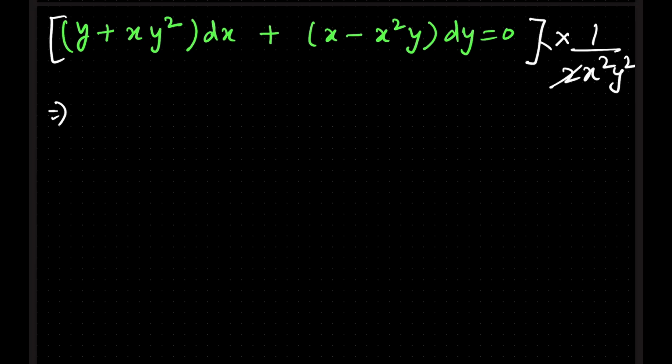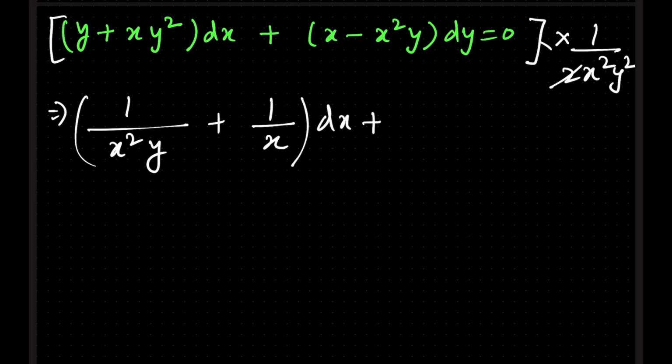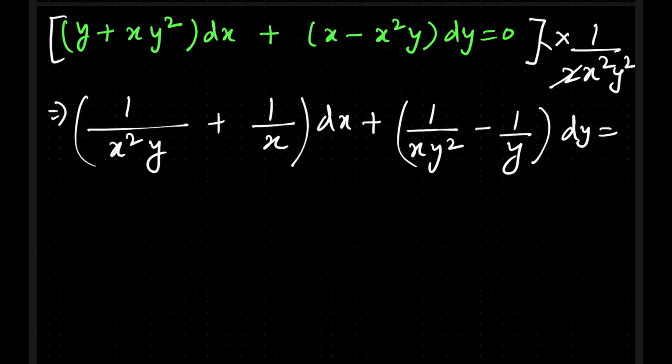Dividing by x²y², you will get (1/(x²y) + 1/x)dx + (1/(xy²) − 1/y)dy = 0.